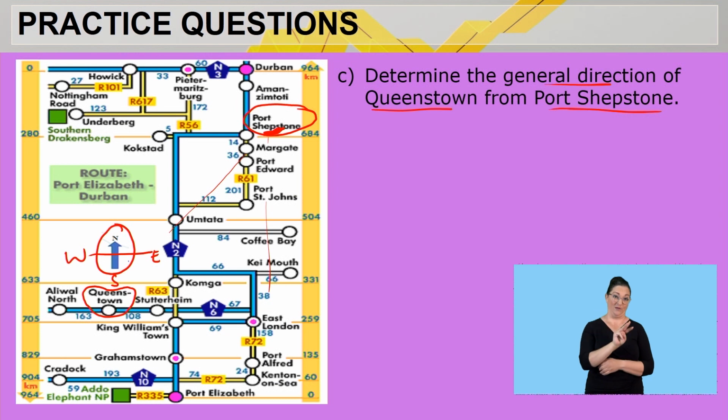So therefore, in this case, that will be southwest, right? So Queenstown will be southwest of Port Shepstone. Guys, are we clear on that one? Please note this is also a very popular question. You can almost see it in all the question papers when it gets to maps, plans, and representation of the physical world. So please make sure you understand this one.